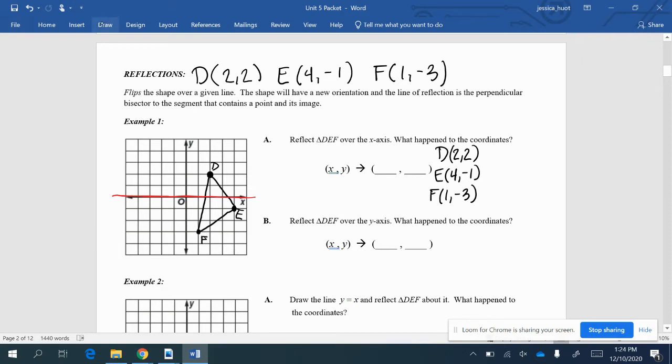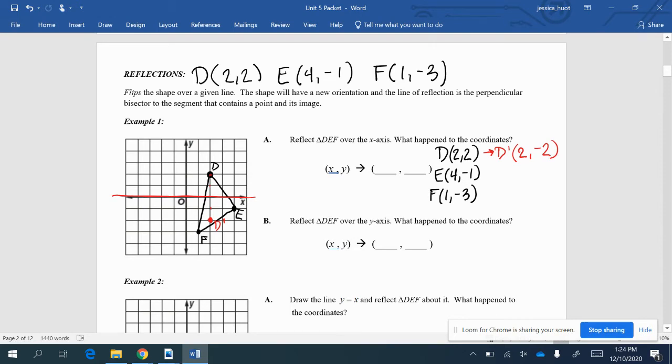So for example, D right here, you are counting towards the x-axis. So 1, 2, once you go and hit your line of reflection, go 2 in the opposite direction. 1, 2. So here is D prime. So then D prime would be at positive 2, negative 2.